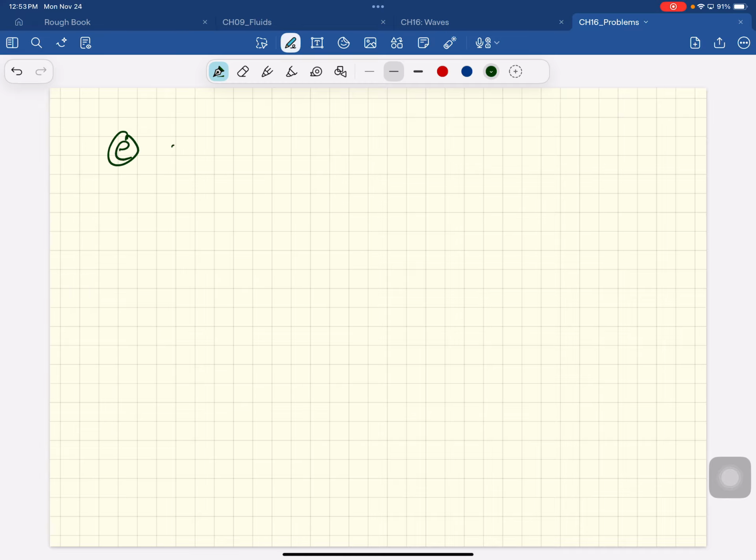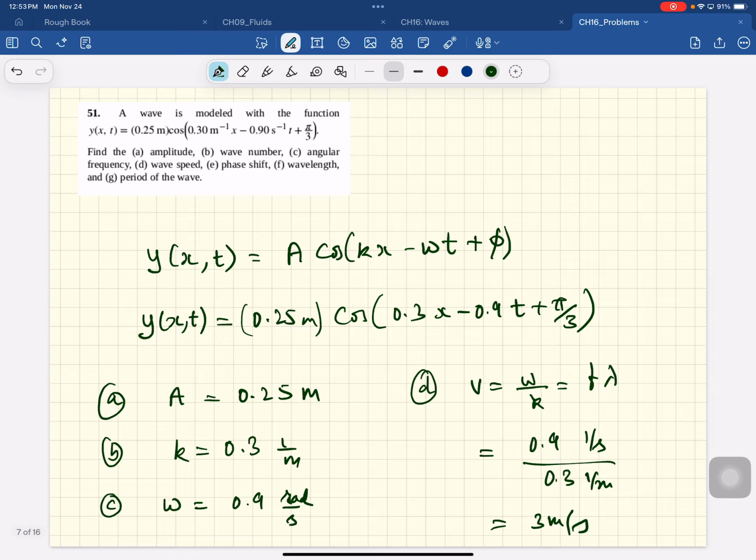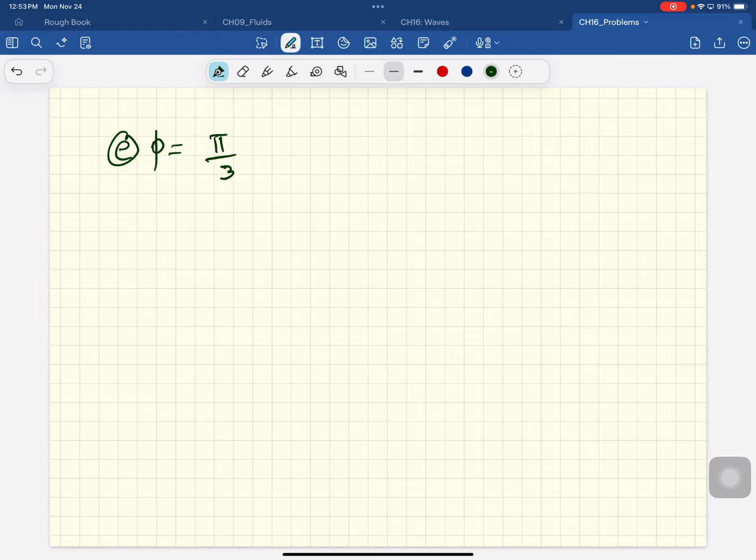The phase shift is pi by 3, and f is wavelength, so k is equal to 2 pi by lambda. Lambda is equal to 2 pi over k. 2 pi over k is 0.3 meters.